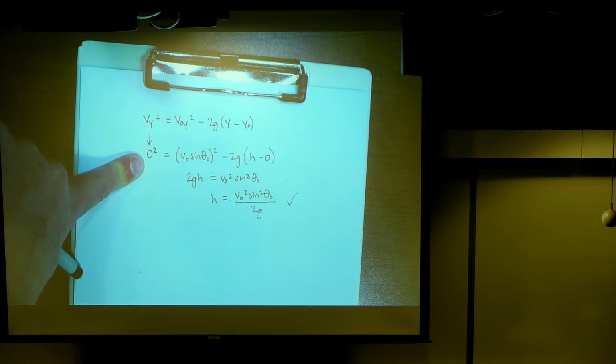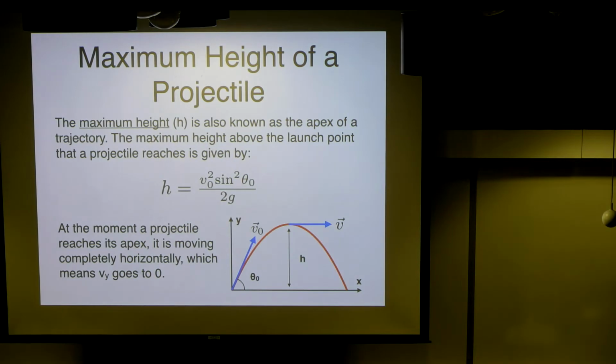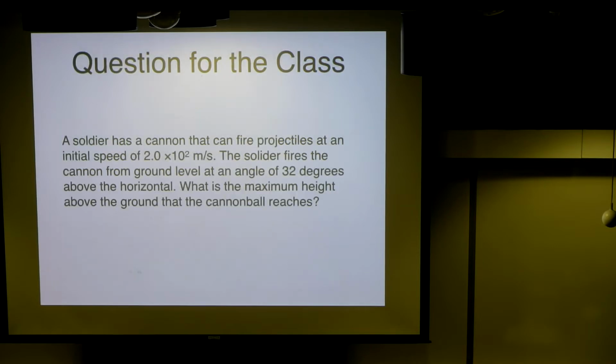Okay? Make sense? So there's the result on the slide. That's where it came from. And if we're all good with this result and where it came from, let's practice using it, okay? So same basic scenario, we have a soldier who can fire a cannonball at 200 meters per second as the initial speed.